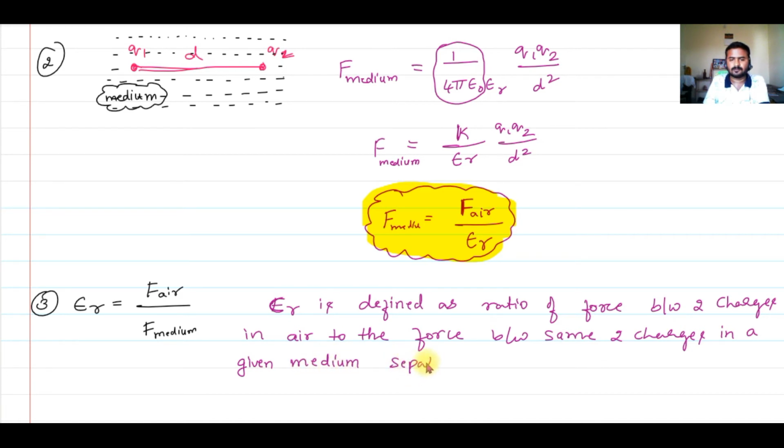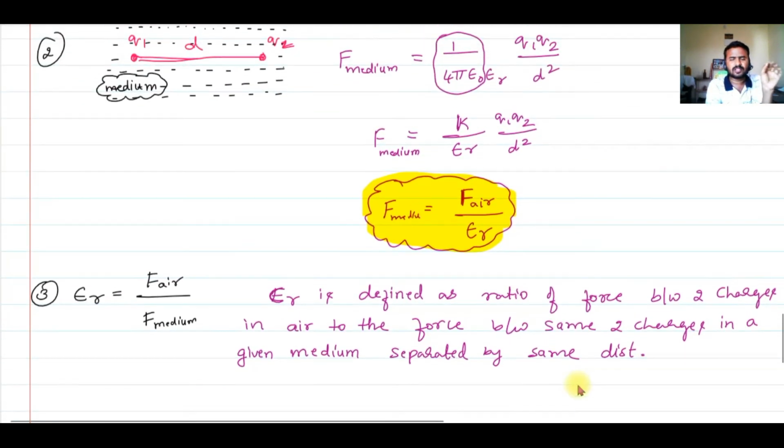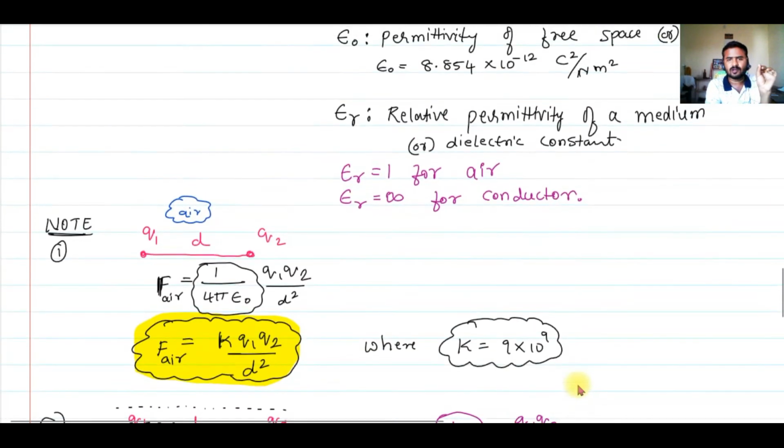That will give you relative permittivity of that medium. All right, now this much is very important. You should remember the basics of Coulomb's law.